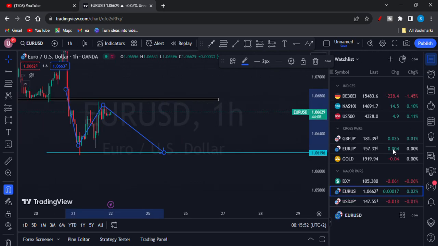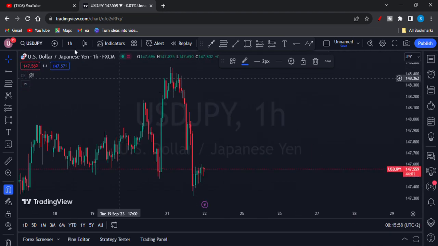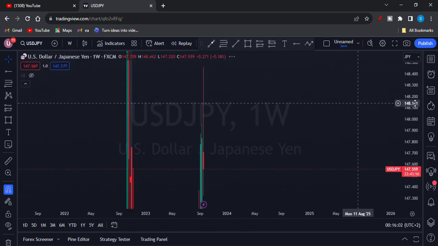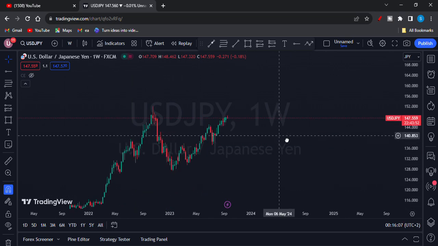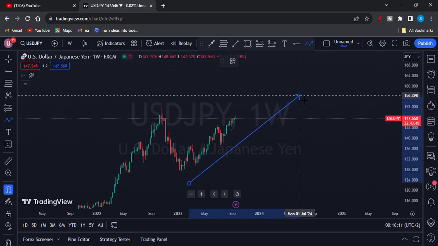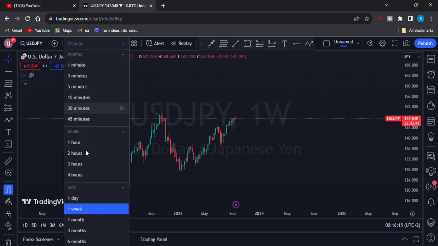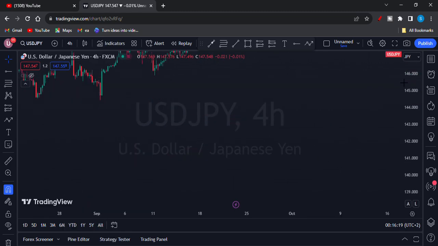And then let's go to USDJPY. And then on a weekly, so on a weekly we are on an uptrend, and then let's go to our 4 hour.